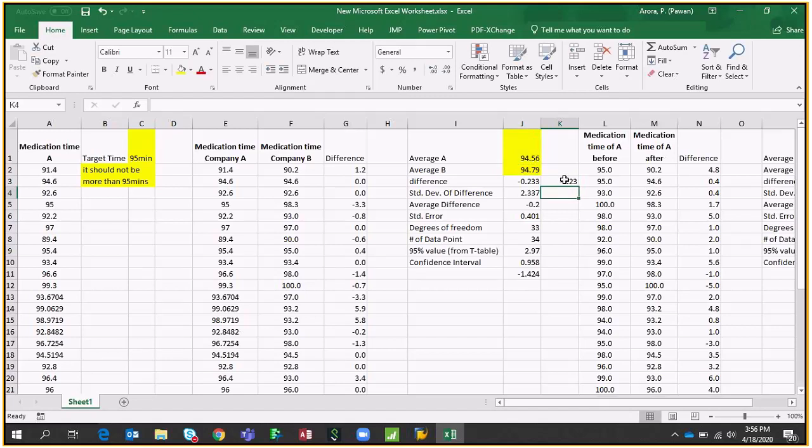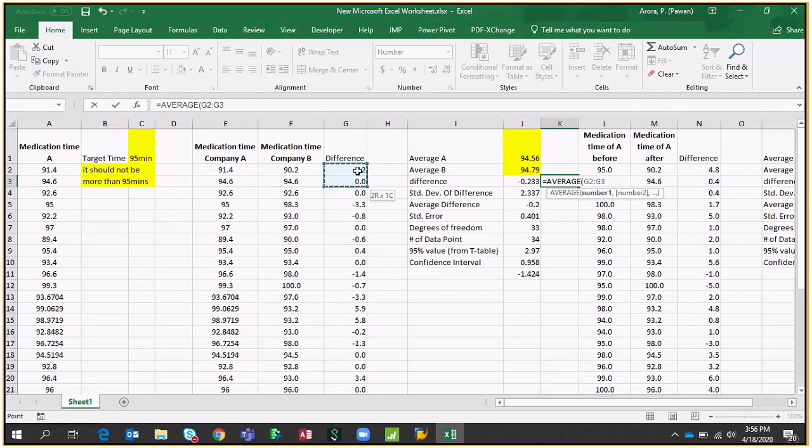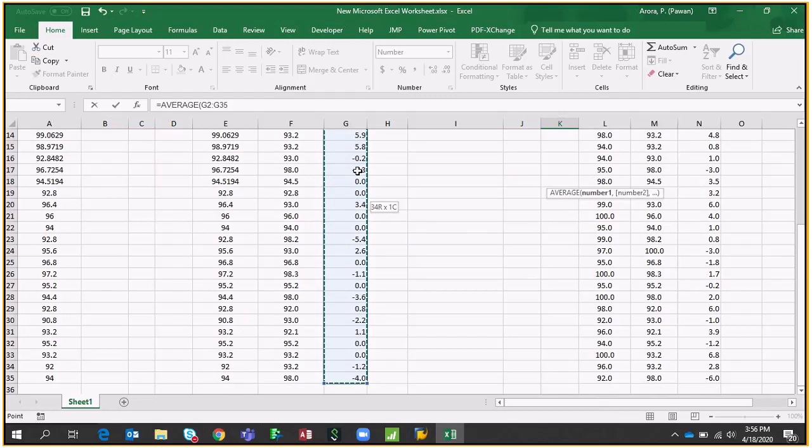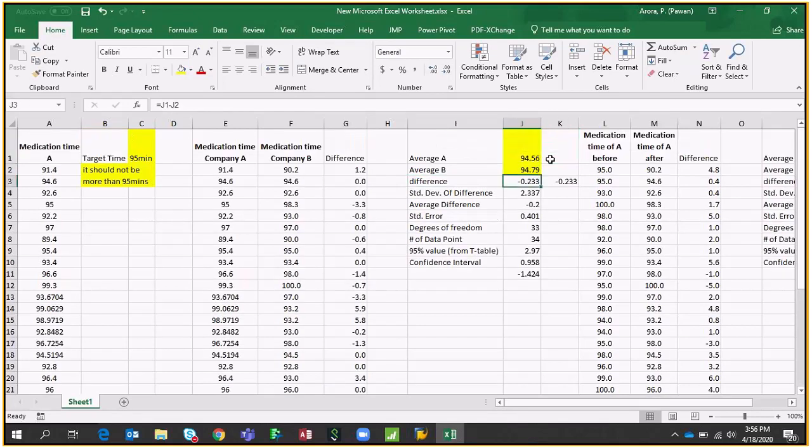Or the other way is equals to average of this entire data. And this is the same 0.233, right? So this is how you can check the difference, and you can get the average of the difference.